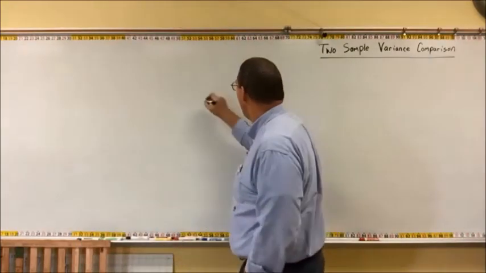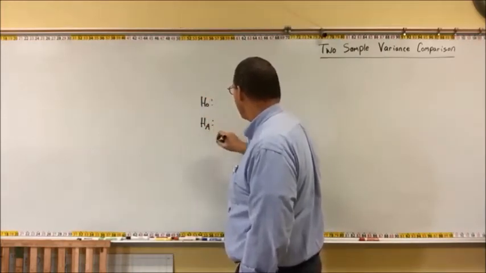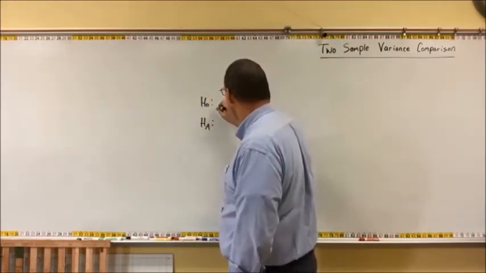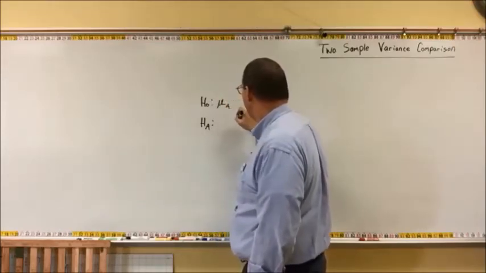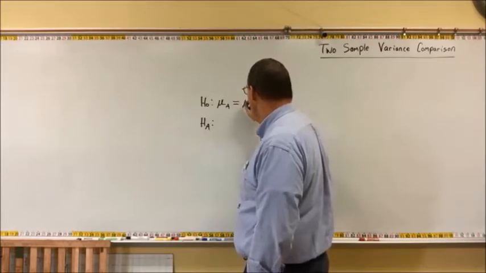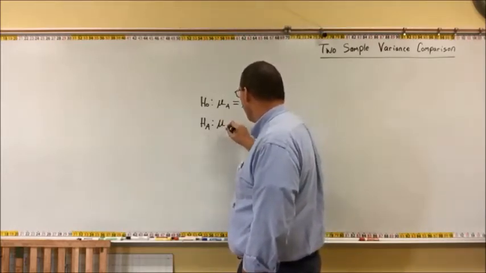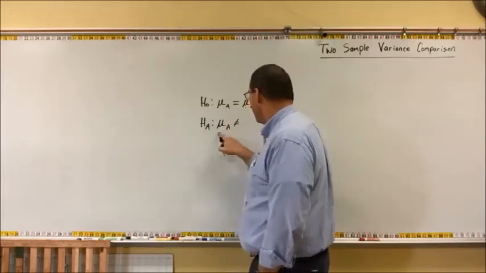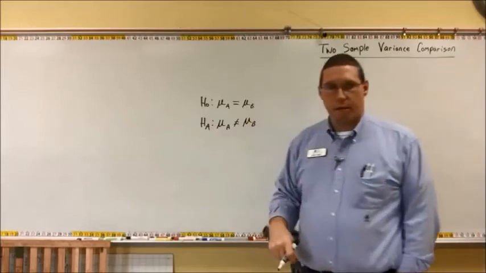You may recall that we had done a test where our null hypothesis was that the population mean of one population is equal to the population mean of another population, and the alternative hypothesis is that the mean of one population is not equal to the mean of the second population.